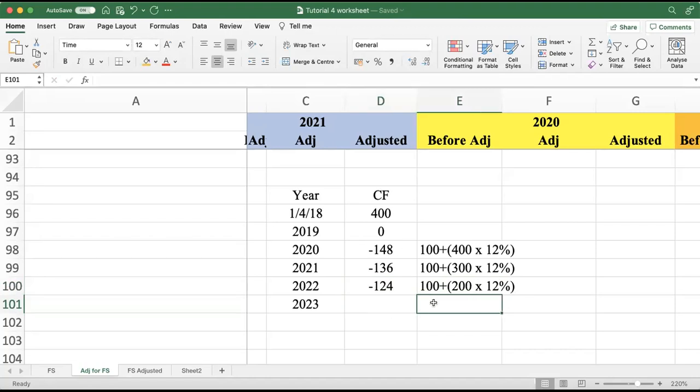Then in the last year, 100 plus loan balance 100 multiplied by 12%, 112.